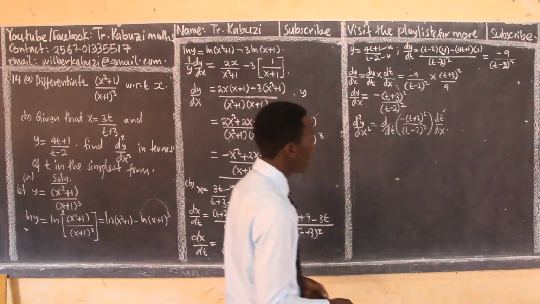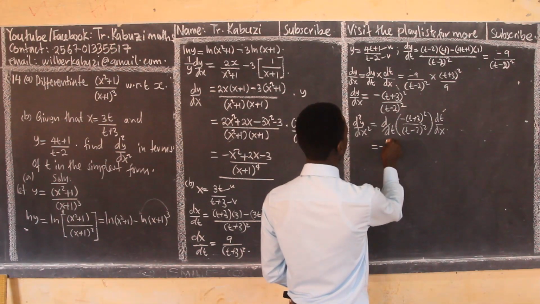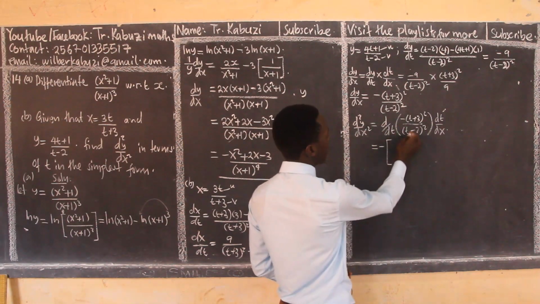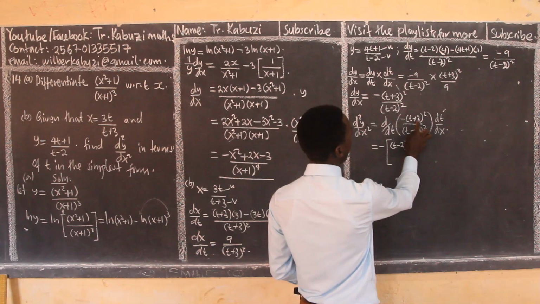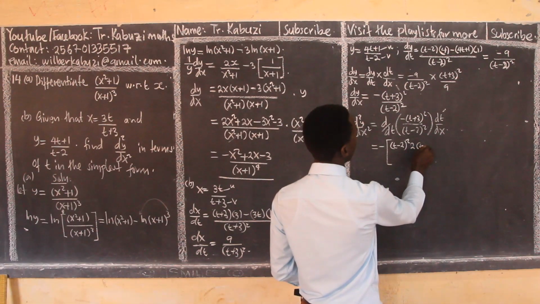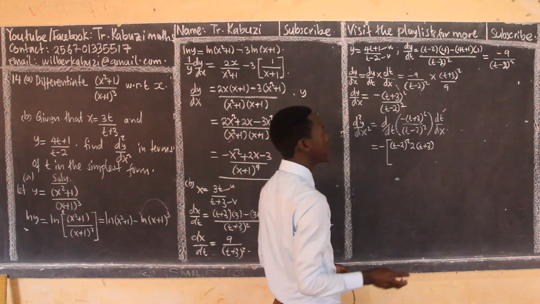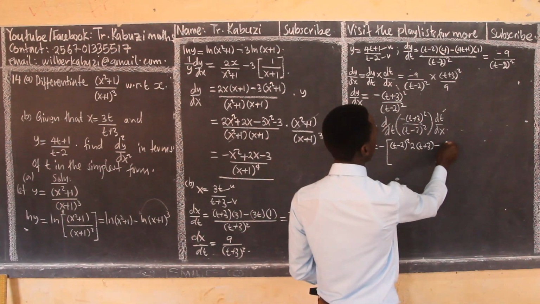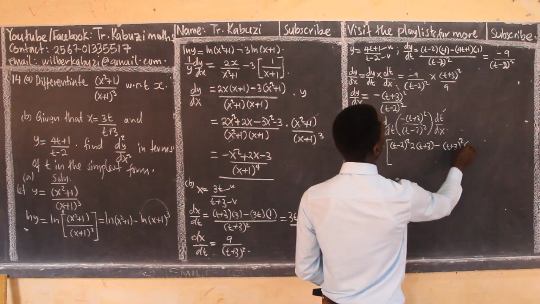So now from there, let us differentiate. I am going to first put this negative out, and this is my v, (t minus 2) squared. Differentiating this, we get 2 into (t plus 3) into 1, I'm putting this negative out, then minus u, which is (t plus 3) squared.